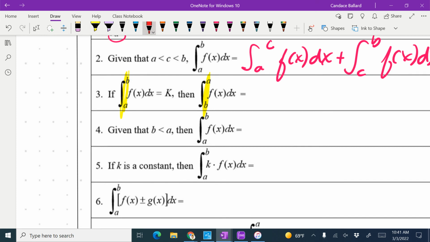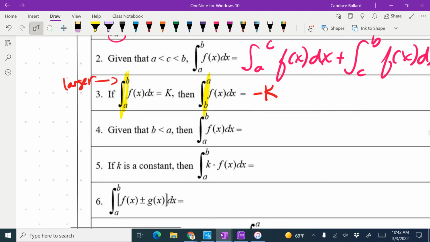If it's not larger, we swap the order, and when you swap the order, whatever the value it's equal to becomes negative, or we make the outside of the integral negative. So when you swap the order, you get a negative.